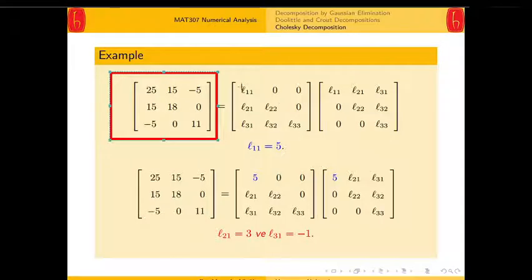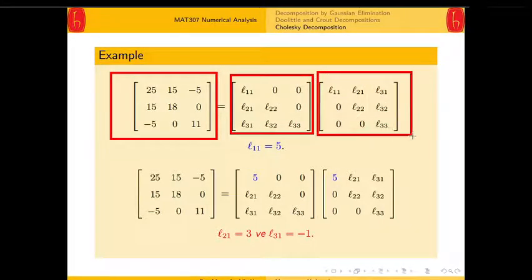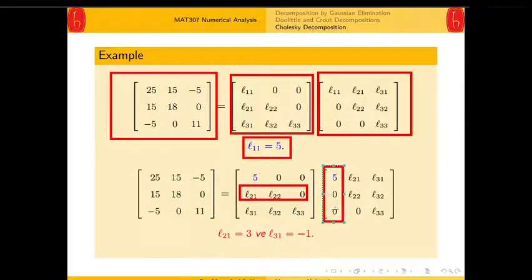So we have the lower triangular matrix and its transpose as the upper triangular matrix. We multiply them out, so L11 squared will be equal to 25, so L11 will be 5. This is the first thing to do. Once we have the number 5, we can multiply the rows of the first matrix with the first column of the second matrix.